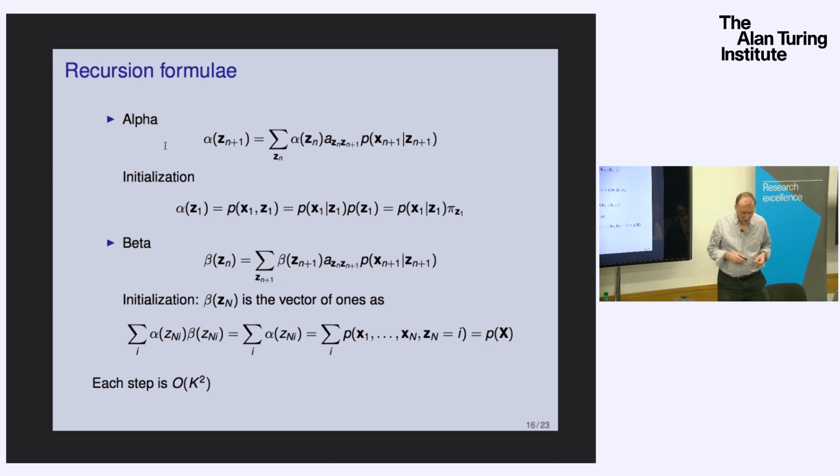Okay, so there is a recursive formulation of the alphas and betas. This is a nice exercise. If I had a bit more time, I'd work it on the board, but basically there's a nice forward initialization.